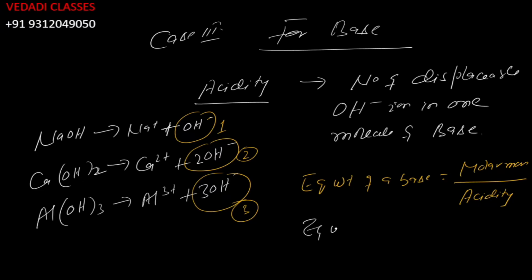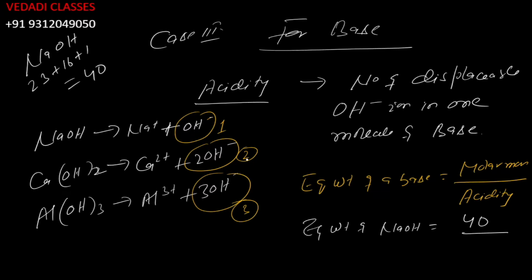The equivalent weight of NaOH: the molar mass of NaOH is 23 plus 16 plus 1, which comes to 40. So 40 divided by its acidity, which is 1, so the equivalent weight of NaOH will be 40. So these are the concepts regarding normality.